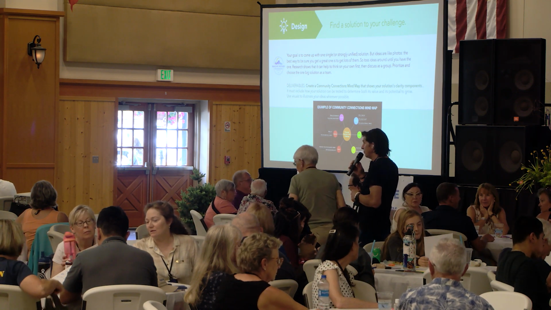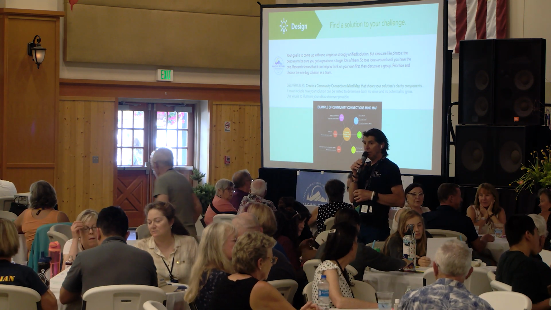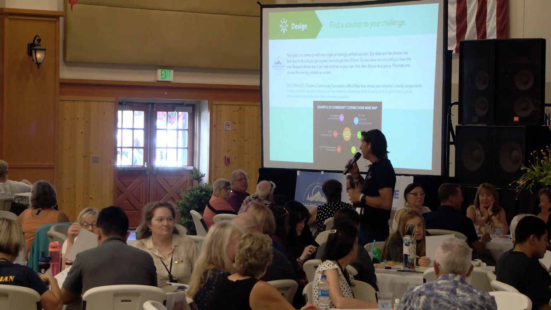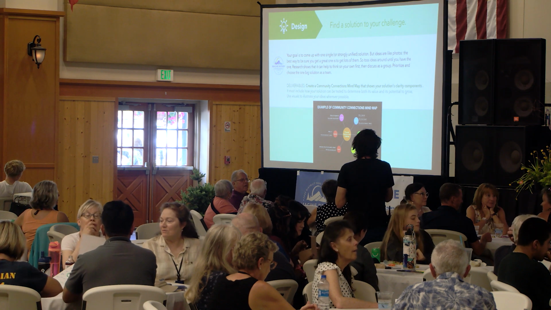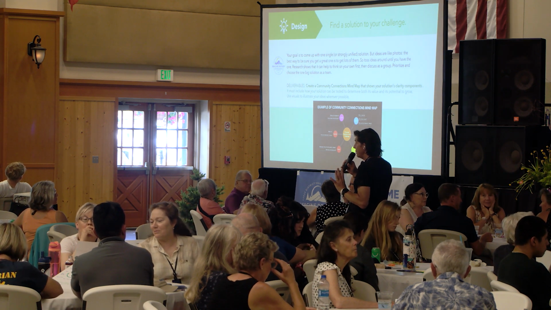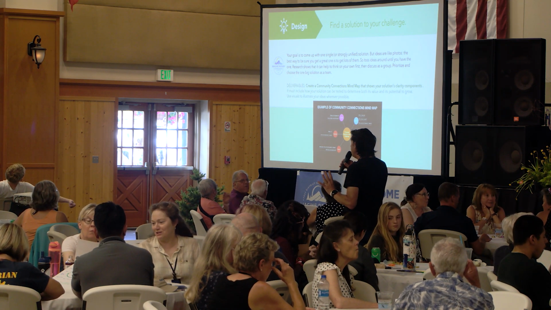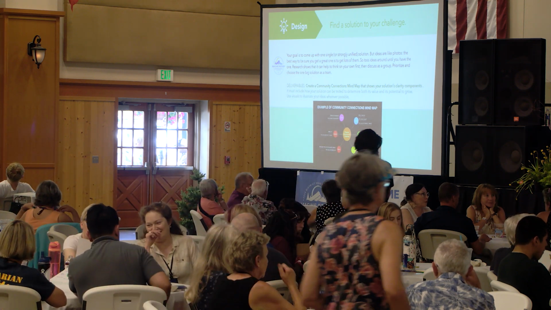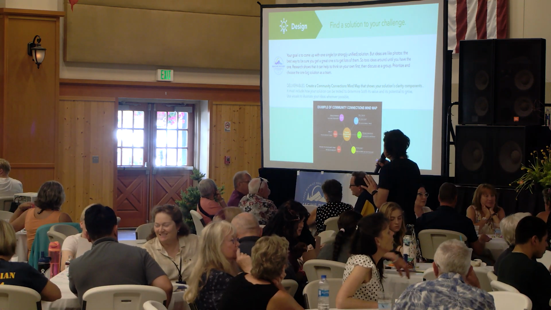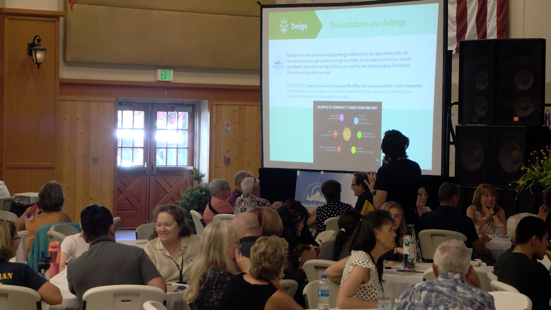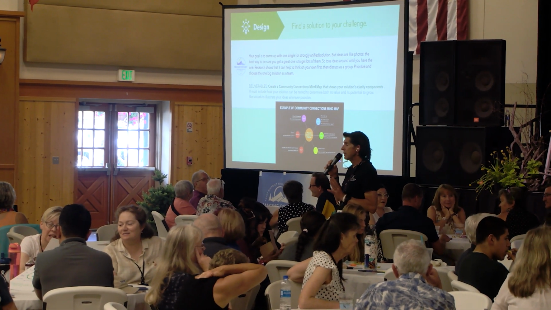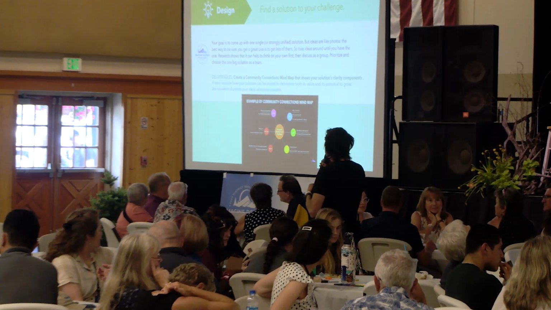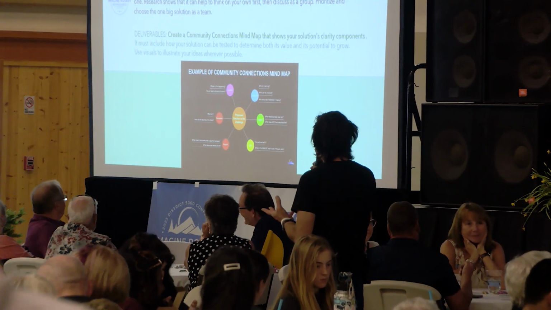Get a lot of ideas, then as a group, as a team, settle on the one you want to focus on. So the deliverable is this community connections mind map, and it shows your solution's clarity components, much like you set up the other one, but this is a little different format.